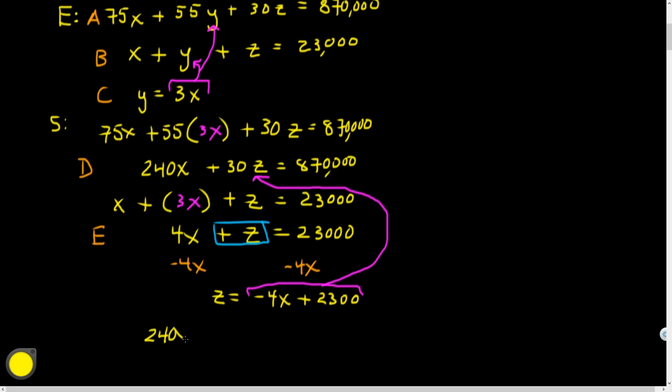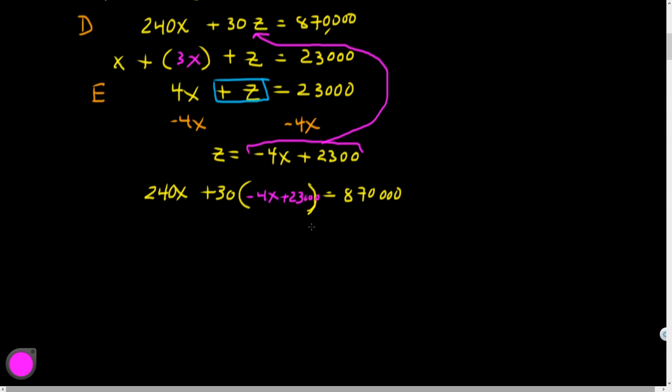And so 240x plus 30 times, instead of z, I'm going to write this, equals 870,000. And so I'm plugging in negative 4x plus 23 hundo. I made a mistake all the way back here. So 240x minus 120x.